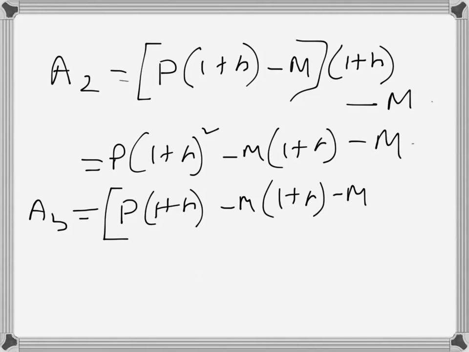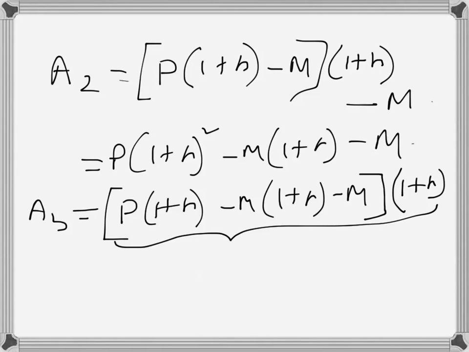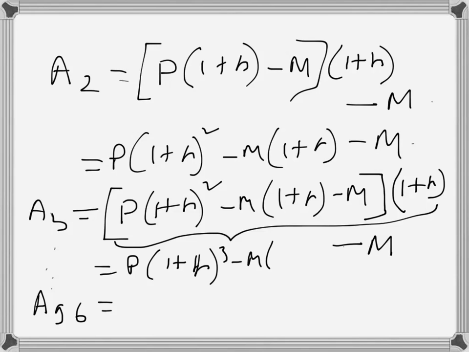If we go for A3, this is the amount owed after the second month, and then after the third month it will have 1 plus R. So this is the amount owed before the third monthly repayment is made. After the repayment is made, it will have M less. I didn't do the multiplication, so this becomes P(1 + R) cubed minus M(1 + R) squared minus M(1 + R) minus M. That was A3.